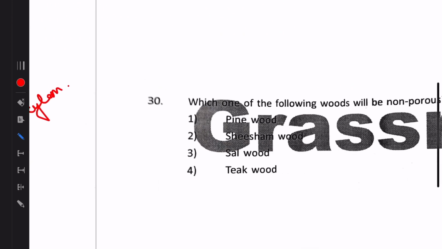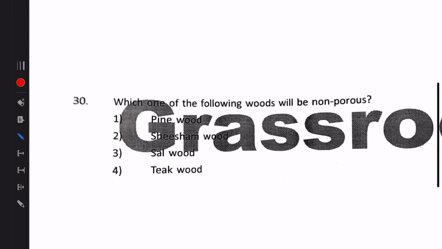Next question: which one of the following woods will be non-porous? So we have to first of all classify wood into porous and non-porous. Who are the porous woods? Ones that have pores. What are pores also called? Vessels. Now which plants have vessels?